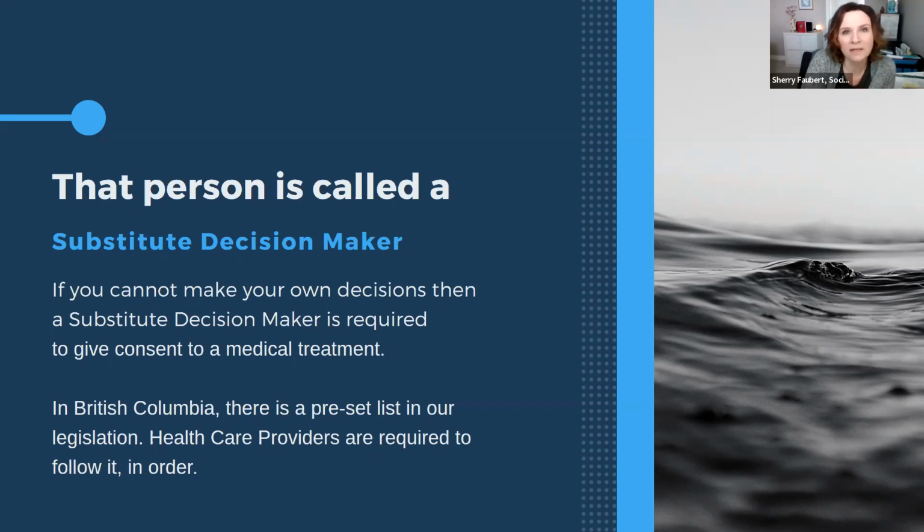Though we call it a substitute decision maker, we also like to think of it as a substitute decision communicator, essentially, because one of the key qualities of a substitute decision maker is that they are reflecting your wishes. And in order for them to do that effectively, there needs to be communication about what those wishes are, which we will also talk about, and we've talked about a little bit already.